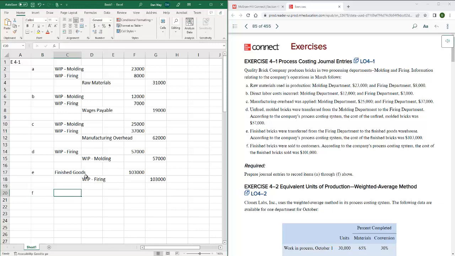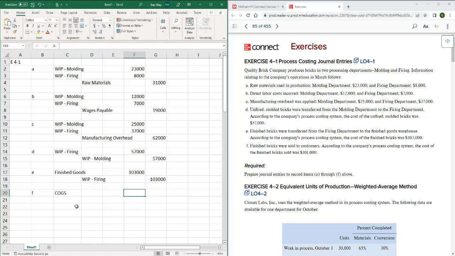And then last but not least, letter F said finished bricks were sold to customers. According to the company's process costing system, the cost of the finished bricks sold was $101,000. So that's a cost to the company, not what we're charging the customer. So let's just worry about updating the inventory there. Now the costs associated with these things, these inventoriable costs, these product costs, finally get to hit the income statement.